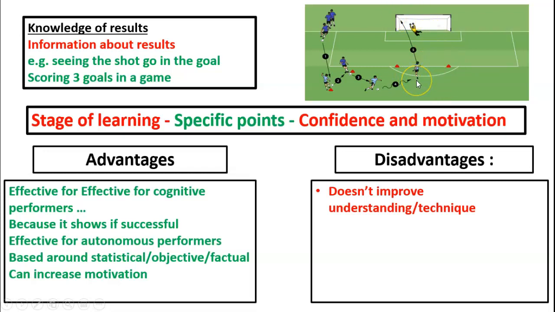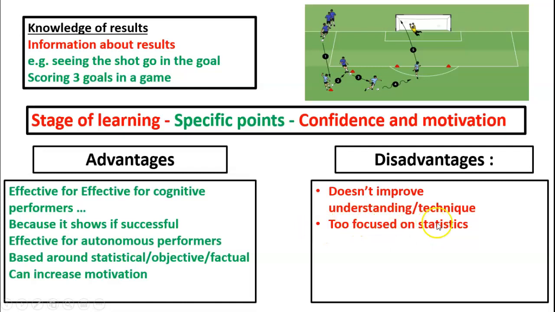They kick it, they toe poke it, they might even pick the ball up, run up to it in their hands and throw it into the goal. Now, in terms of results, the ball's gone in the goal. The outcome is the ball is in the goal, but it doesn't improve understanding of the technique because they don't know how it got there, or they don't understand why it got there. So that's something you can have. It does not improve understanding or technique.